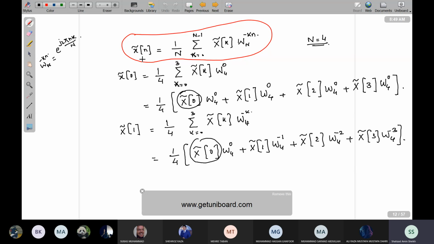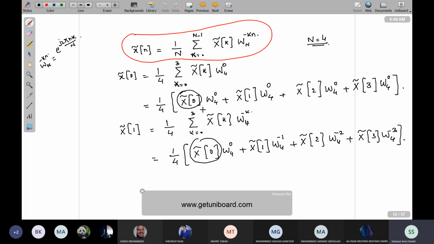Just an explanation that x tilde of n is equal to 1 over N, sum over k from 0 to N minus 1, x tilde of k, W_N to the minus kn. For N is equal to 4, we have expanded this. So for n is equal to 0, that is equal to 1 over 4, k is equal to 0 to 3 x tilde of k, W_4 to the 0, because n is equal to 0.